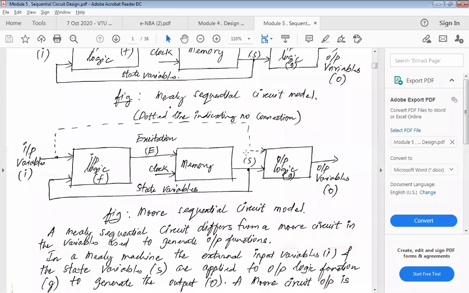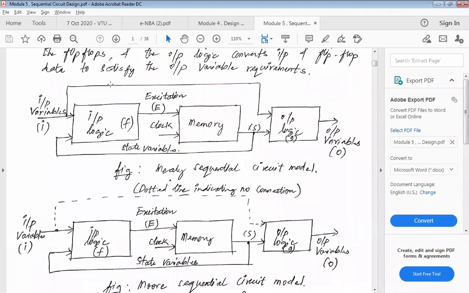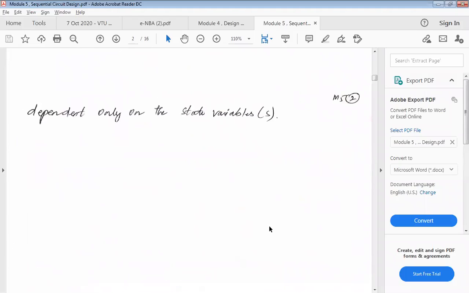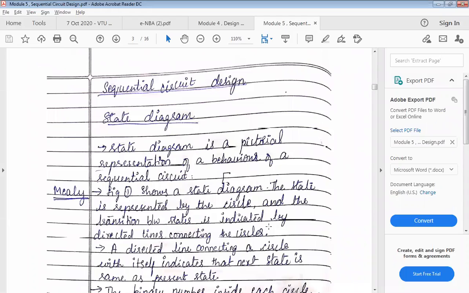This dotted line is just showing you that there's no connection. The reason I have put it as a dotted line is just for you to differentiate between the Mealy and Moore. So there is no connection from the input side.